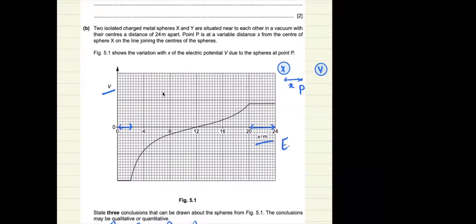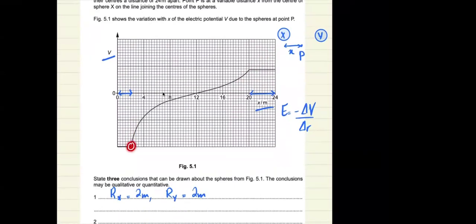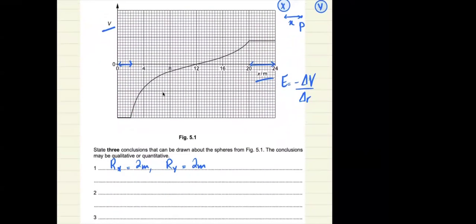So I know E is negative delta V over delta R. So if I think about the tangent here is much steeper as compared to the tangent here, right? So I will say that the electric field strength at X is much stronger than the electric field strength at Y.